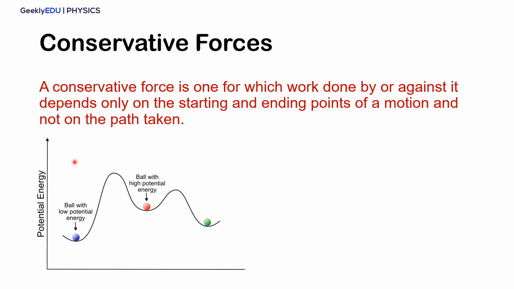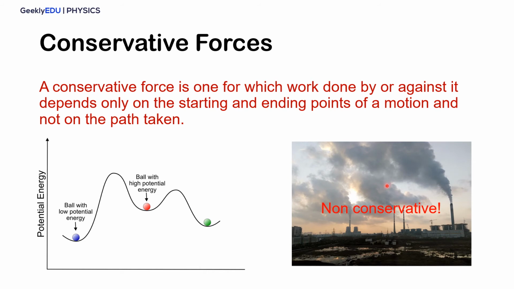For example, the potential energy. It doesn't matter the path of the object here, only the initial and ending positions. A type of non-conservative force is the thermal energy. That's the heat transferred related to thermal energy.